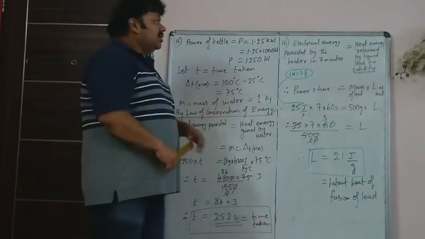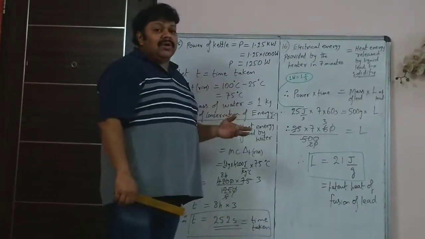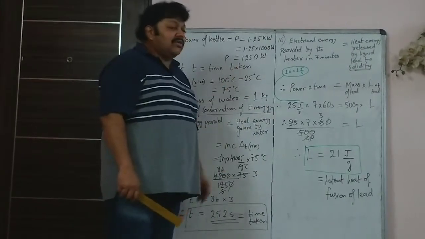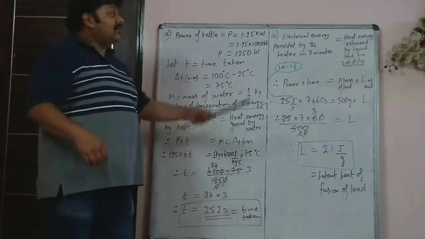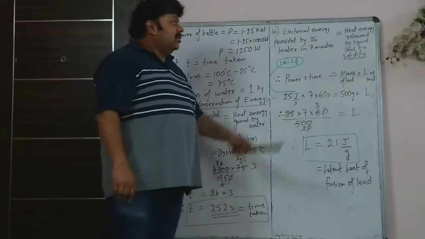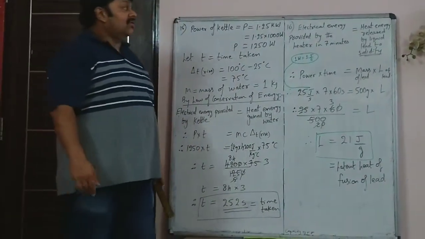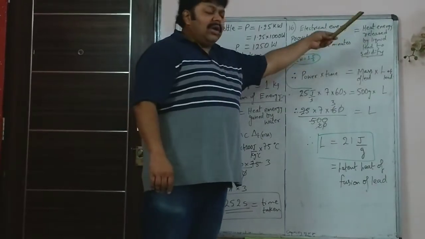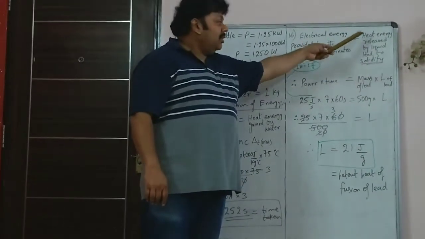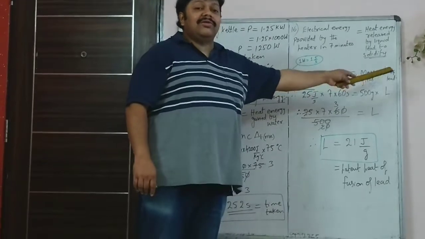So in this case, whatever heat energy was provided by the heater in 7 minutes, that is the heat energy lost by lead when the liquid is trying to solidify and become a solid. Here there is no fall or rise in temperature. So it is just the change in state.